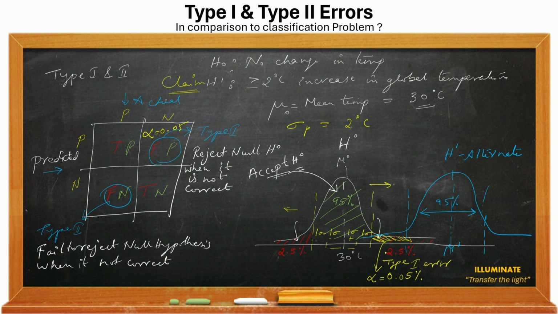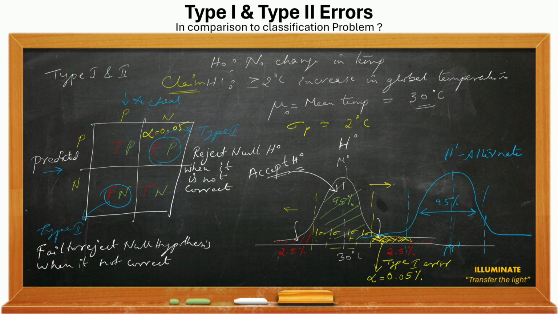But actually it was not to be rejected. Actually the temperature didn't change much. It was within this 95% range, but then your observation or your data collection yielded a view that it has changed more than 2 degrees. So you rejected the null hypothesis when it should not have been rejected. It should have been placed here, but you actually rejected it. So that's where you are making a type 1 error.